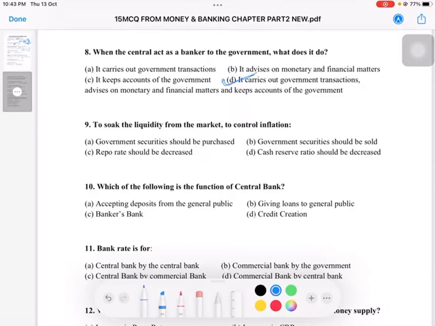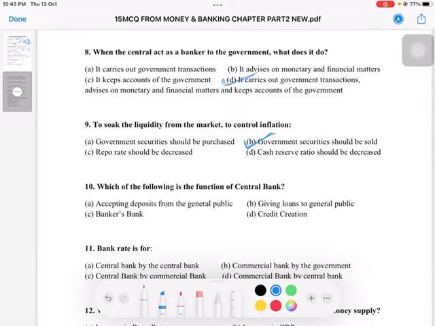Here the question is, in order to control inflation through monetary policy, government tries to reduce the money supply. So in order to reduce money supply, to control inflation, government securities should be sold. When government securities are sold in the market, money supply is reduced and inflation can be controlled. So right option is B.